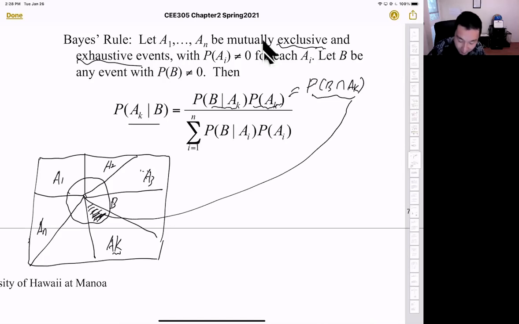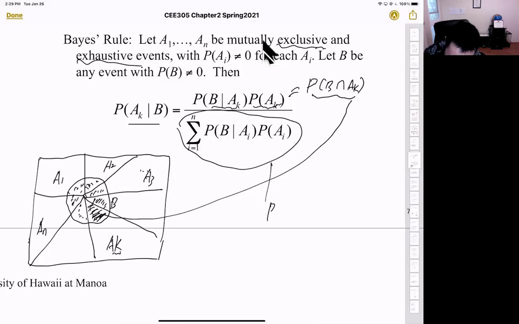That basically means every piece of shaded area added together, which is P(B and A1) plus P(B and A2) plus and so on, plus P(B and An).